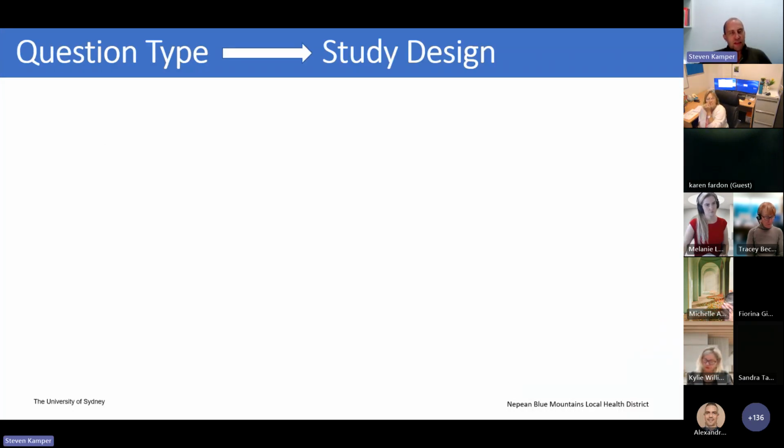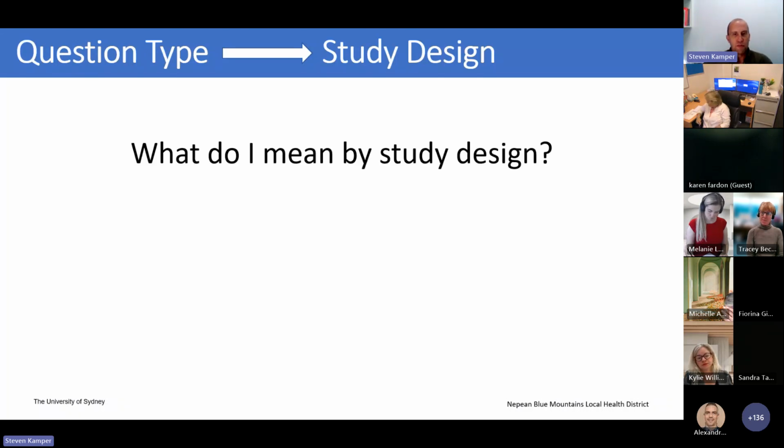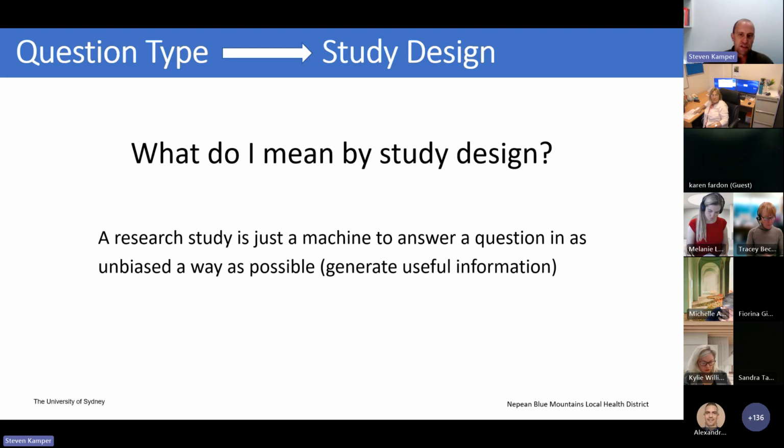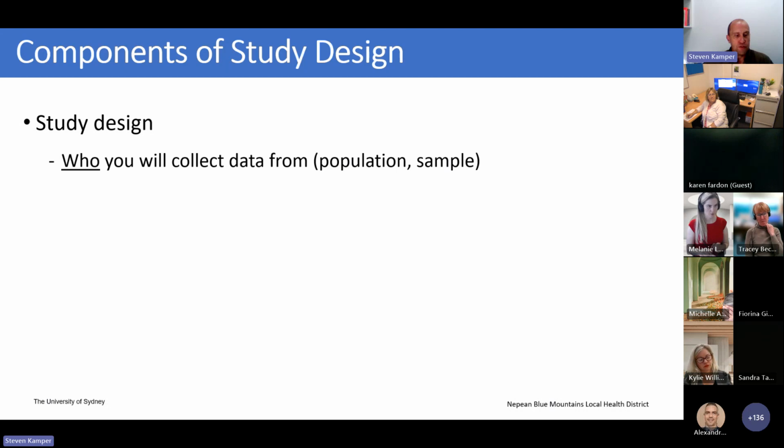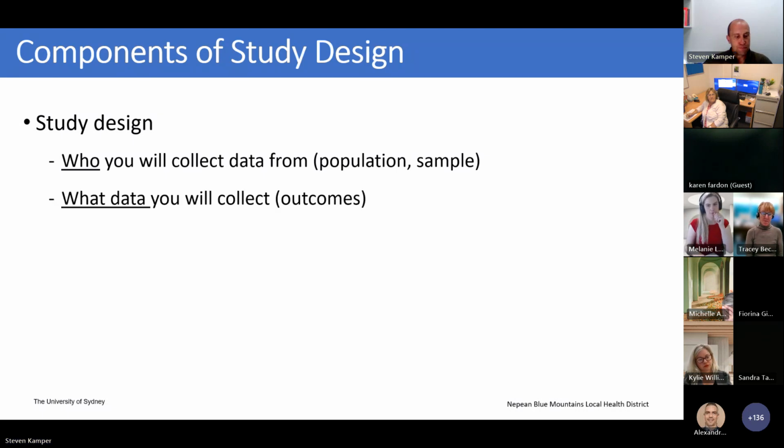So moving on. As I said before, the question type determines the study design. What do I mean by study design? Going back to what I said before, a research study is just a machine to answer a question in as unbiased a way as possible. And what are the components? They're who you're going to collect the data from.